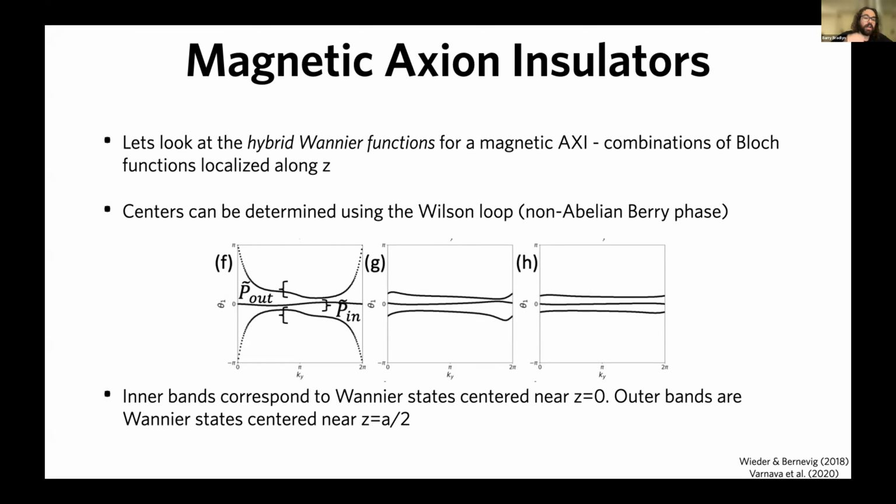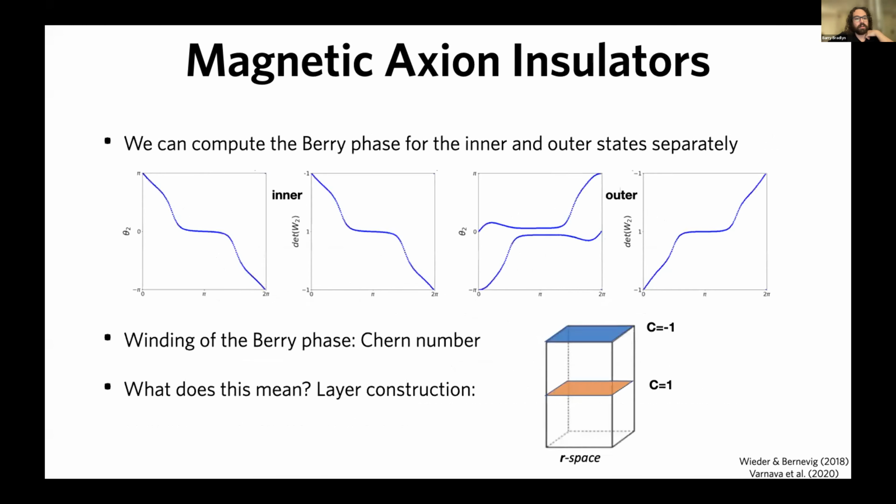And 2 of them have centers localized around the inversion center at z equals a over 2, the boundary of the unit cell. So I can think of the occupied bands of my axion insulator as being composed of block functions localized in the z equals 0 plane and block functions localized in the z equals a over 2 plane in each unit cell.